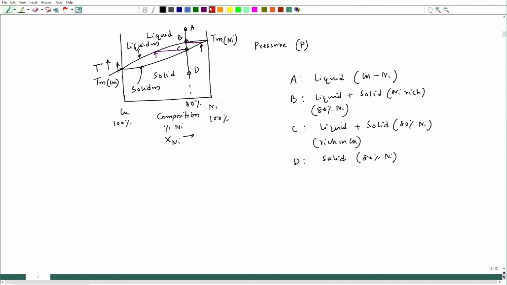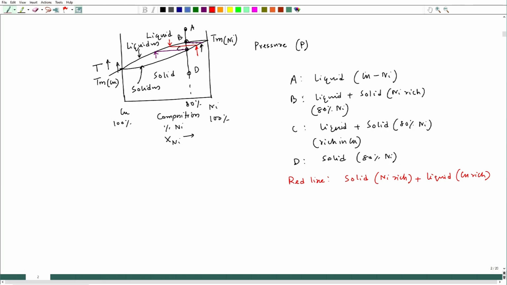If I look in between, this composition and this composition, in between the red line, what are the phases? I have a solid which is nickel rich and liquid which is copper rich. Okay.